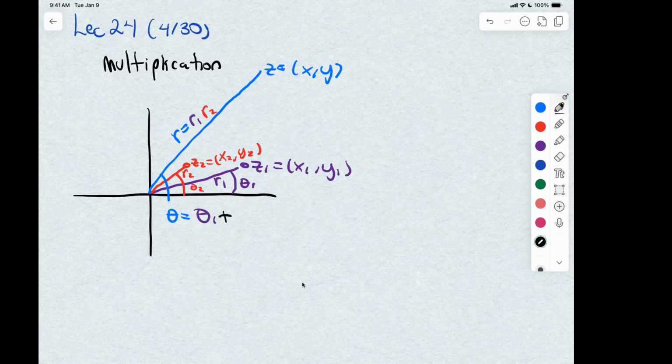So the lengths multiply and the angles are added. That's a summary of what's going on here.